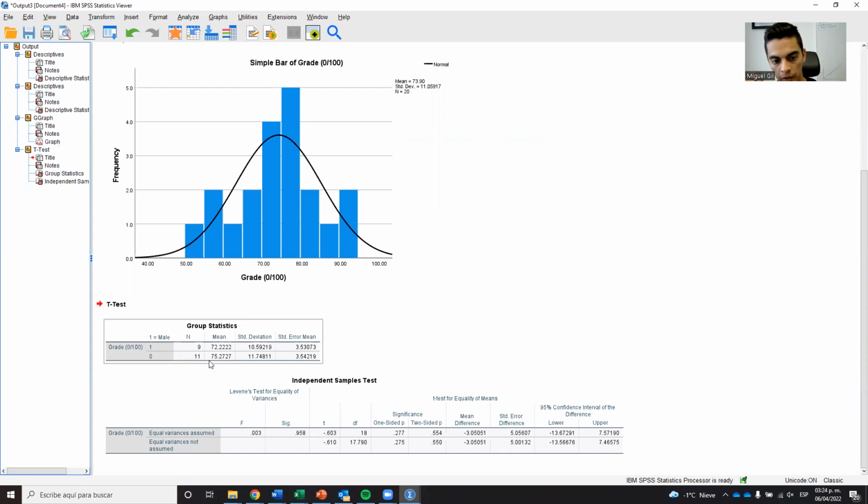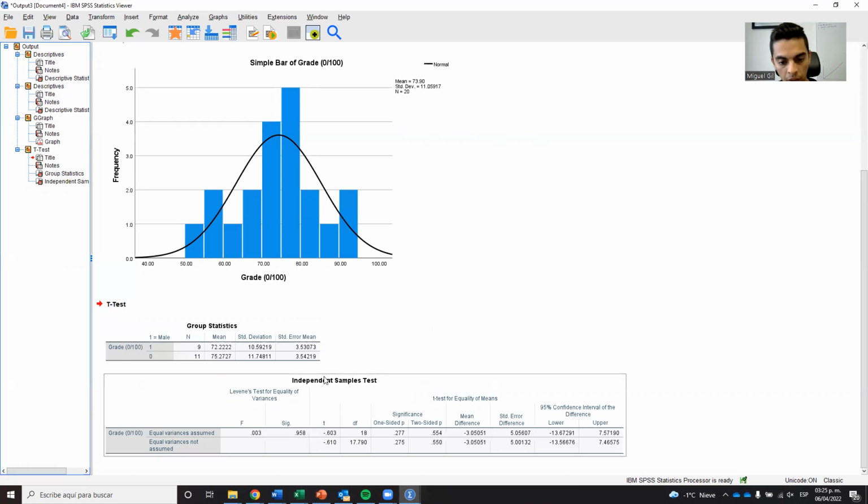Like one has 72 and the other one has 75. So women tend, in this case, to have higher grades. But we need to test if that difference is significant or not. So let me show you this table. This table gives me the significance. The computer already did all the calculations.